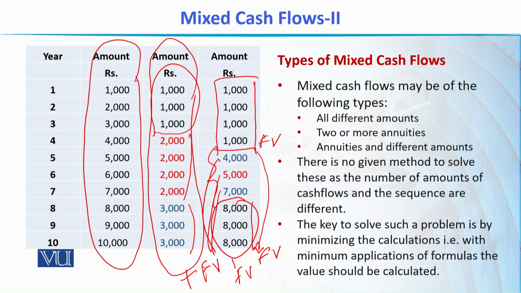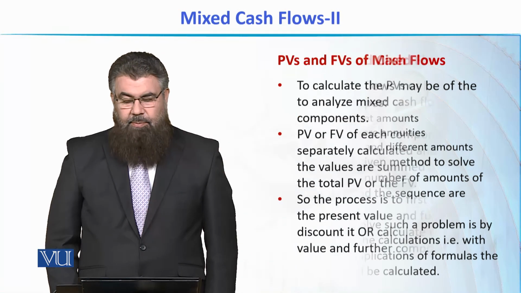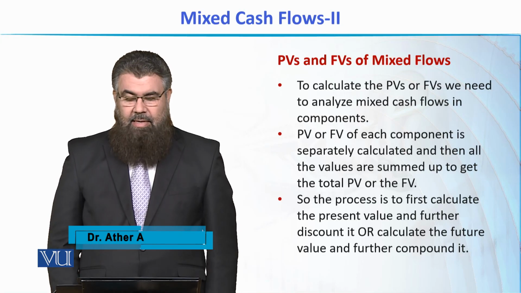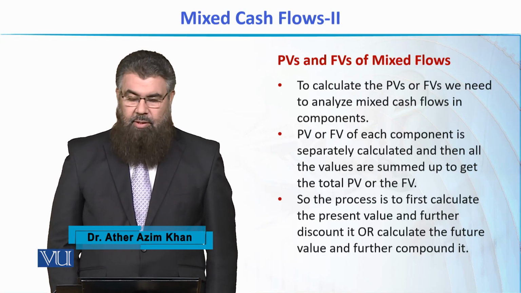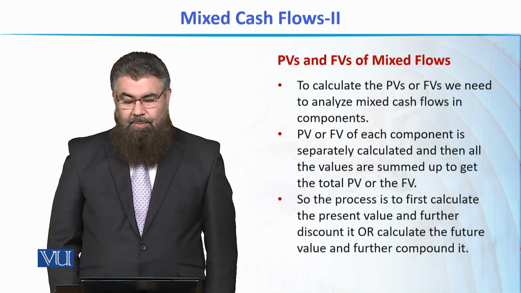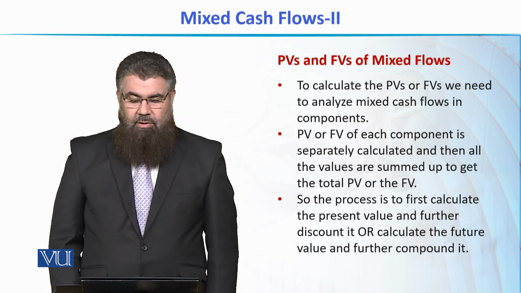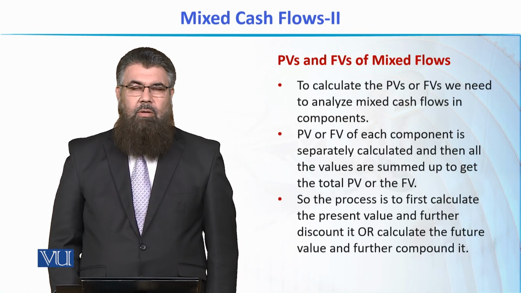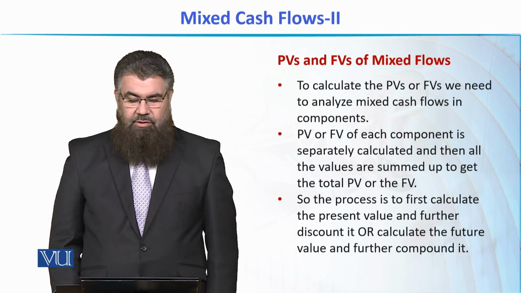The key to solve such a problem is by minimizing the calculations. That is, with minimum applications of the formula, we should try to calculate their present or future values. To calculate the present values and future values, as I have just mentioned, we need to analyze the mixed cash flow's components. Present or future value of each component is separately calculated, and then all the values are summed up in order to get the total future value or present value as we have just seen.